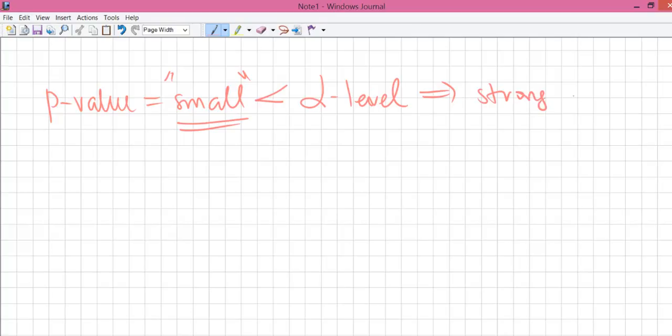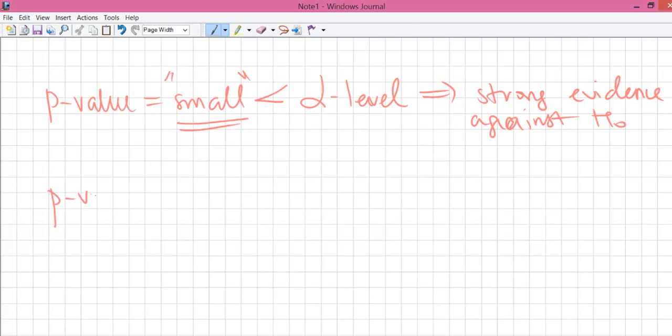Strong evidence against H naught. We reject the null hypothesis. That means we have a situation where our sample is so different from the statement that's already accepted to be true that H naught must be false. So strong evidence against H naught.